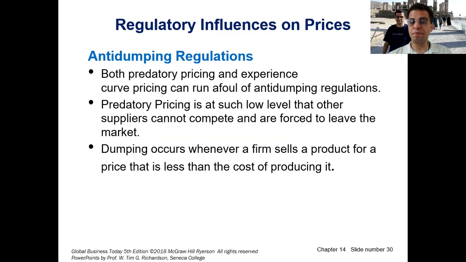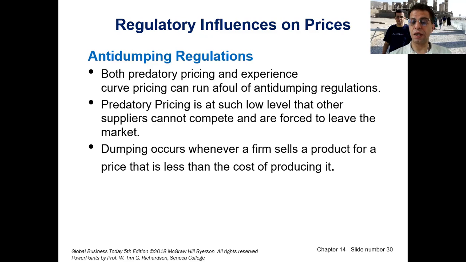Both predatory pricing and experience curve pricing run afoul of anti-dumping regulation. So if there is an anti-dumping regulation, you cannot really give a price that is lower than the market.